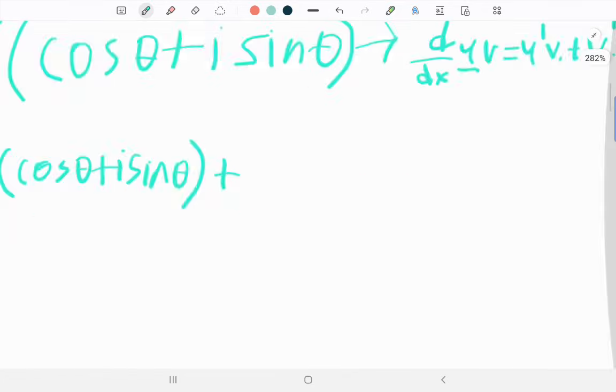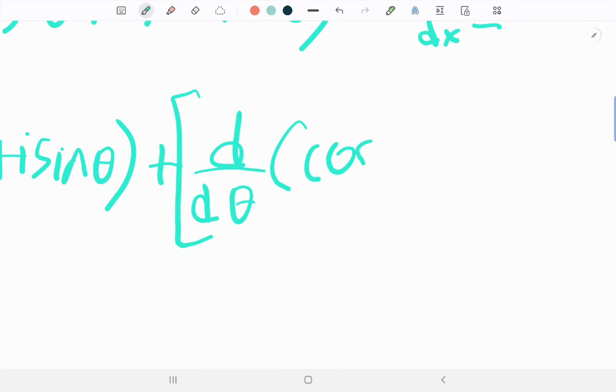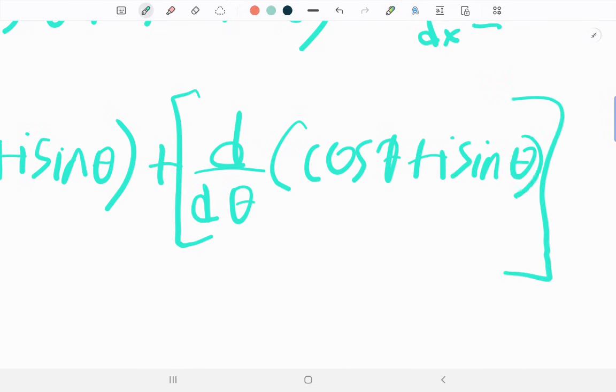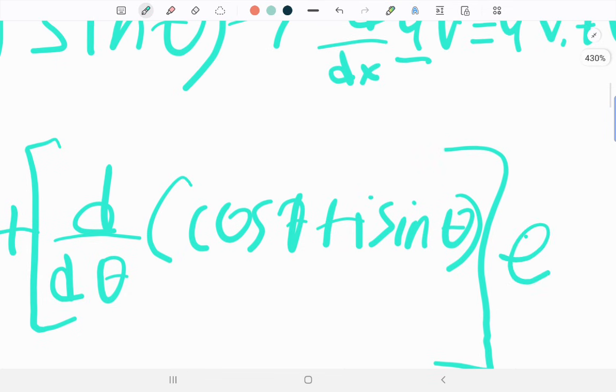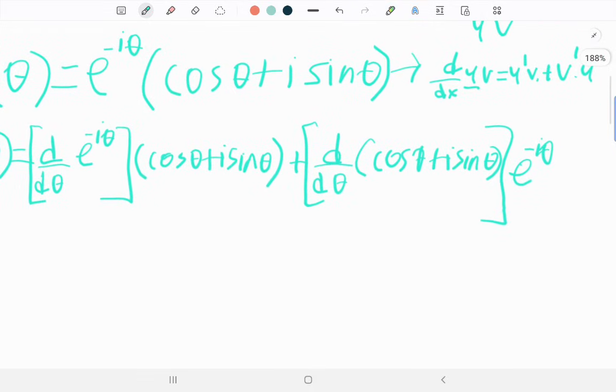And then we add the derivative in terms of theta of cosine theta plus i sine theta times e to the negative i theta. Therefore, let's focus on the derivatives first.